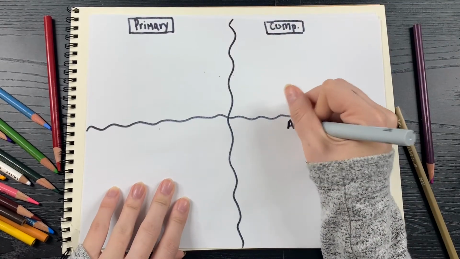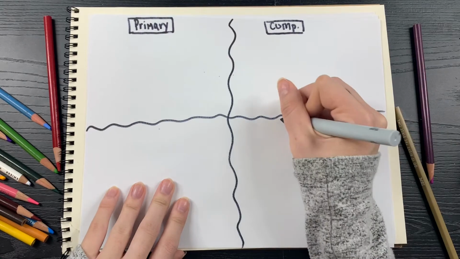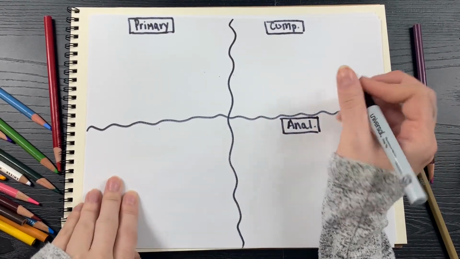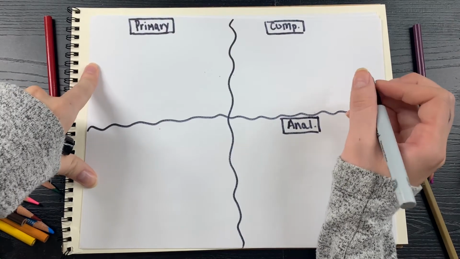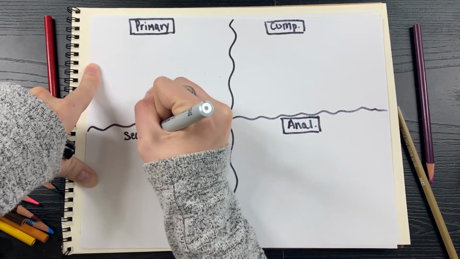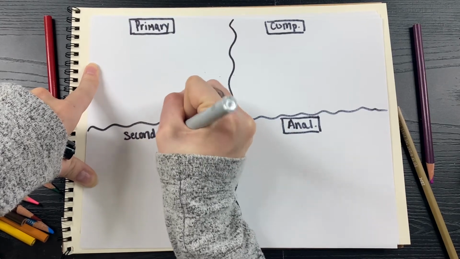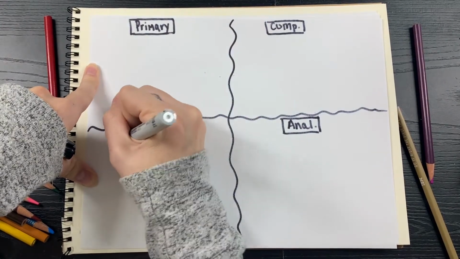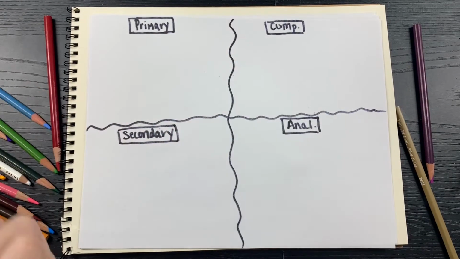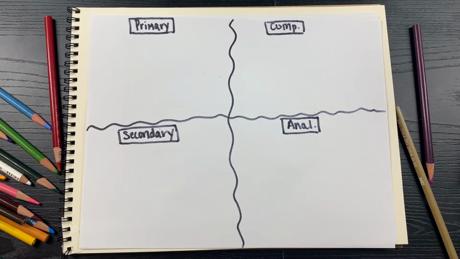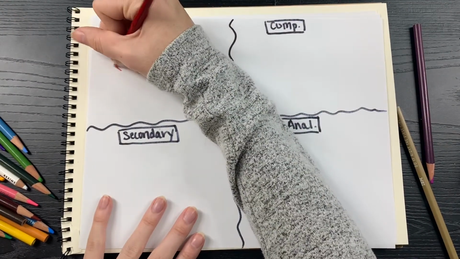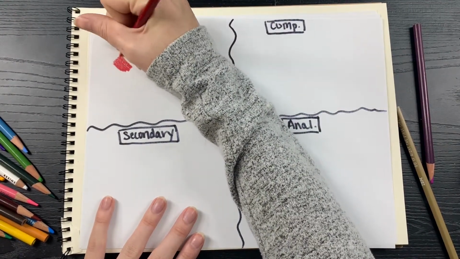I want everyone's to be unique and different. As long as you have 4 sections, one being primary, one being secondary, the next being complementary, and analogous. That's going to help you organize your chart, and it's going to be a great reference for when we move on and do some fun projects, drawings, paintings, anything where you're going to be referring to colors.